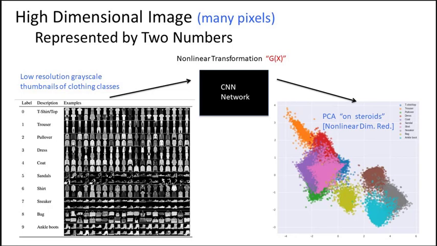Even though it's hard to say exactly what makes a top and a pullover different, sometimes they bleed over, but you can do a pretty good job using 2 numbers to say this is the essence of a pullover, and of all the different fashion accessories.